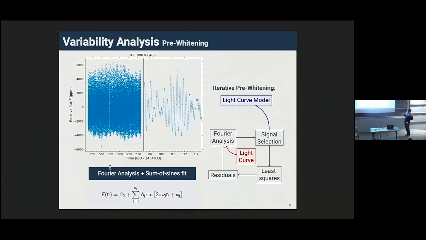Fit that again to the Fourier analysis tool, signal selection, and we go on until we reach a certain point at which our significance criterion tells us that the next signal that we're trying to extract is, well, not significant anymore. And then we end up with the light curve model that we can then use in our theoretical applications, in our model.